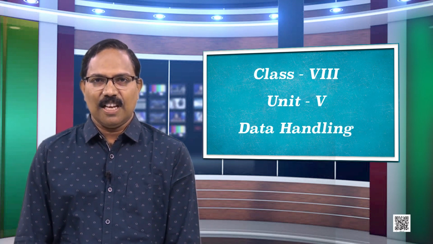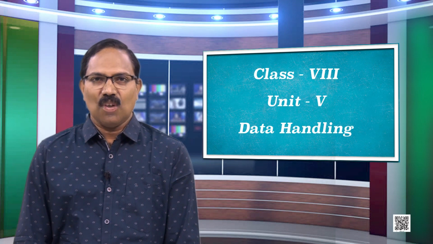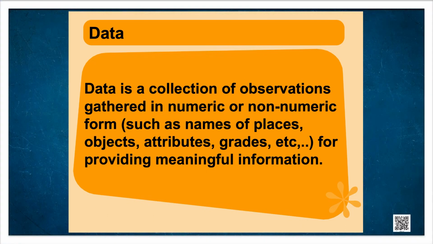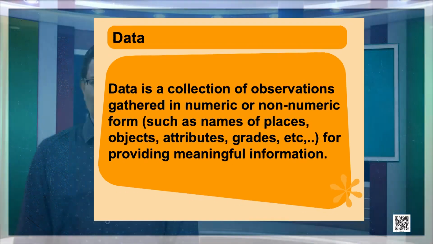This can be in a numeric or non-numeric form. So how do you define the data? Data is a collection of observations gathered in numeric or non-numeric form, such as names of places or names of objects or any of such kind, for providing meaningful information.